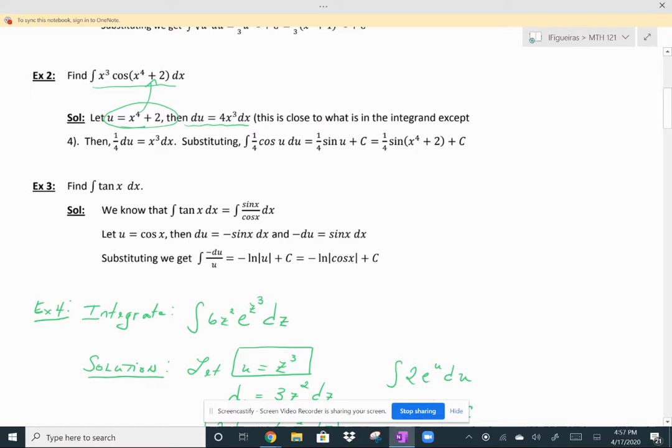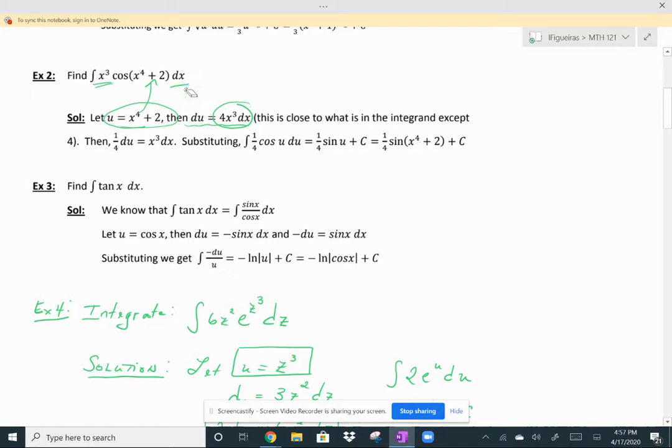Now notice that I have a 4 here, but my original function does not have a 4, but I do have x cubed dx. So in order for us to be able to replace these two expressions, x cubed dx, by du, that means you have to multiply both sides by a 4th.